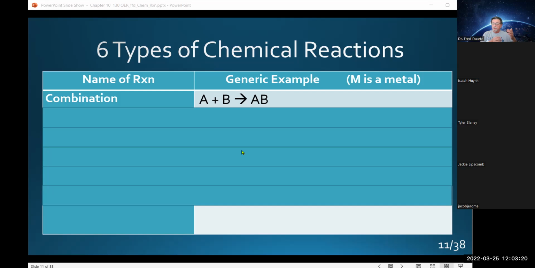Other times it could be a 1-to-2, 1-to-3 ratio, or even an odd number, 2-to-3 or 4-to-5, whatever number it needs so it can react correctly, to assure that the number of atoms you start off with as reactants, you end up with the same number of atoms as products, okay?